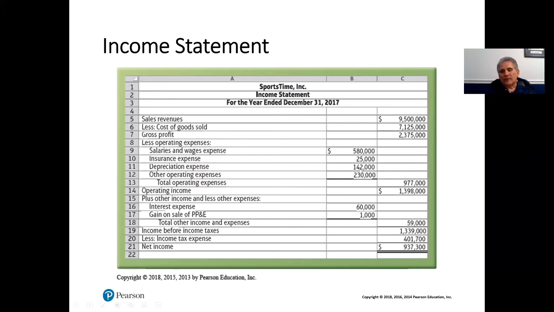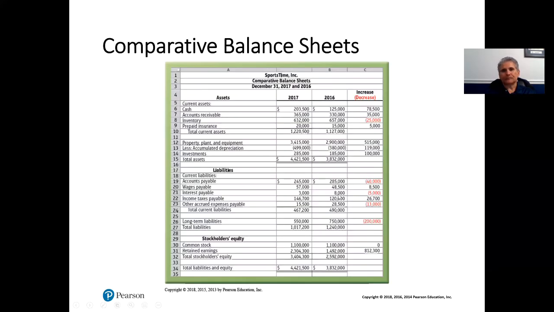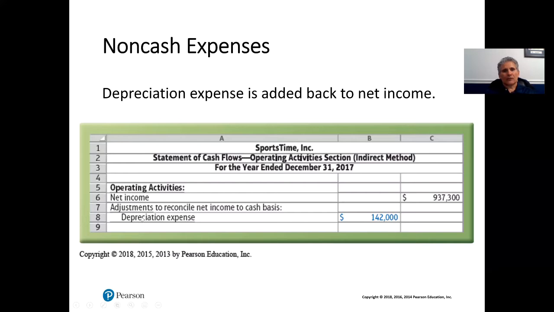We recorded this entry to come up with the income statement, but it was an expense that reduced income. If we're trying to get this number to be more like cash, then we're going to add that back to this net income. So depreciation expense is going to be a positive number. We're going to add this back.